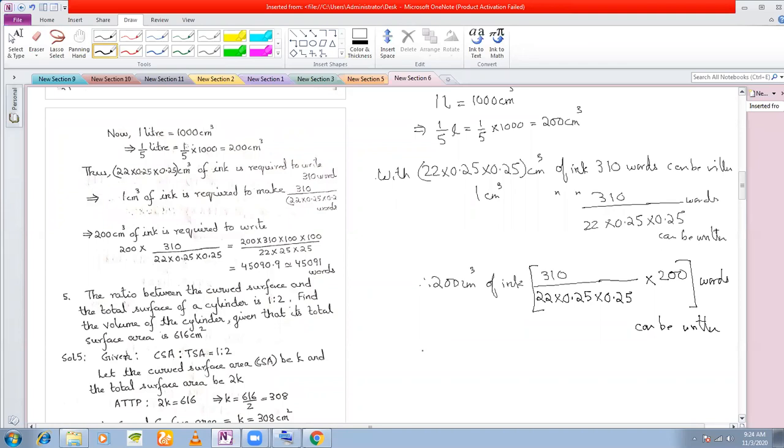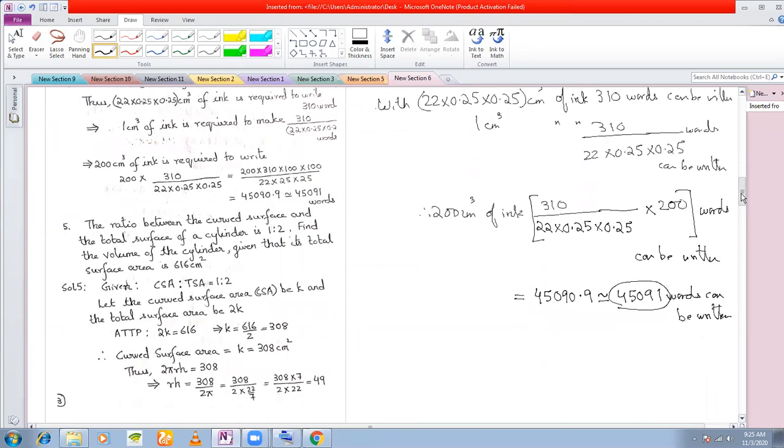If you calculate, the value of this will come to 45090.9, which you round off to 45,091 words can be written. So if 1/5 of a liter of ink is given to you, that is 200 centimeter cube, since I have converted liter to centimeter cube, then you can write 45,091 words, and that was what your question was.